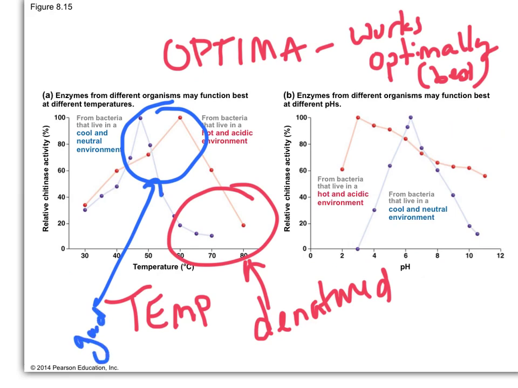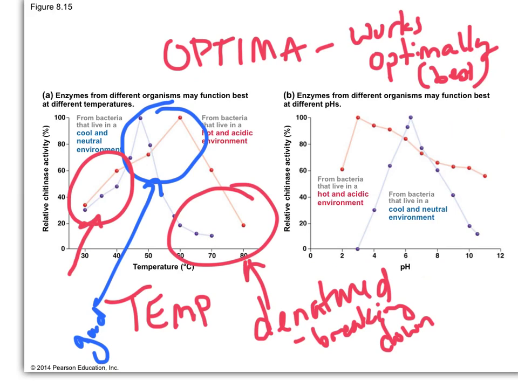But at too high a temperature, you're actually breaking down the proteins themselves. And too cold, right? Think about it, you're frozen. Things get slow when they're cold.